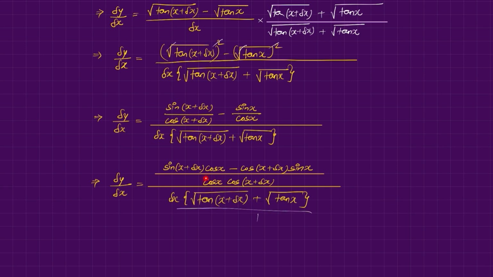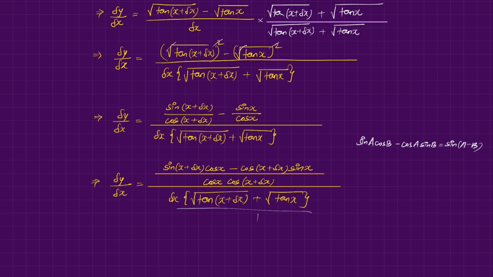So finally this portion and this portion will get multiplied. And in the numerator here, this is in the form of sine of a cos b minus cos of a sine b. So this is the formula for sine of a minus b.